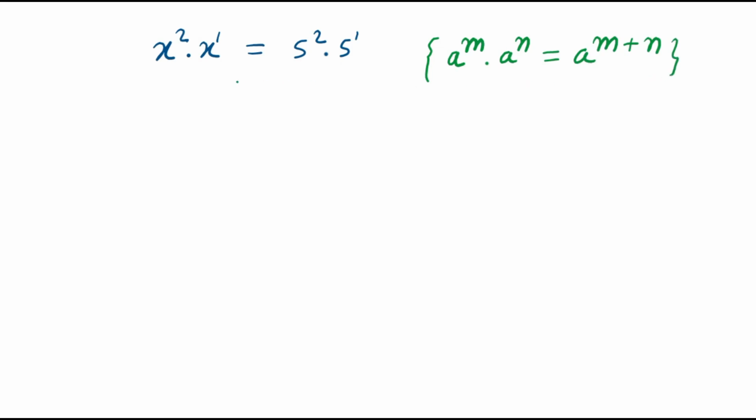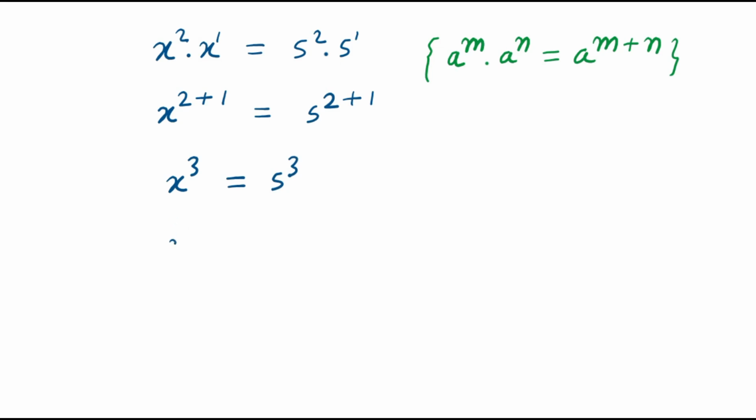If we apply this rule on the left hand side and right hand side, then on the left hand side x power 2 plus 1 is equal to 5 power 2 plus 1. x power 2 plus 1 is 3, and 5 power 2 plus 1 is 3.